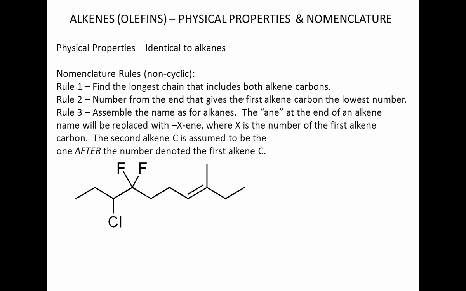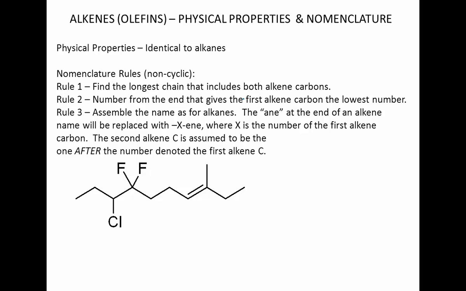Okay, rule 1. We're going to have to find the longest chain, and the chain that we find has to include both of the alkene carbons. Rule 2. We're going to number from the end that's going to give the first alkene carbon that we encounter the lowest number. And rule 3, we're going to name the compound the same as we did for alkanes, except at the end of the name, instead of -ane, we're going to have -x-ene, where x is the number of the first alkene carbon.